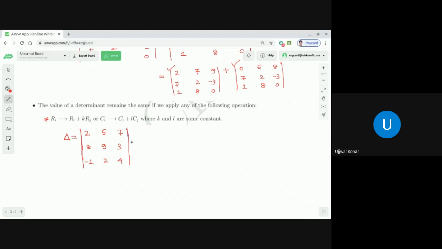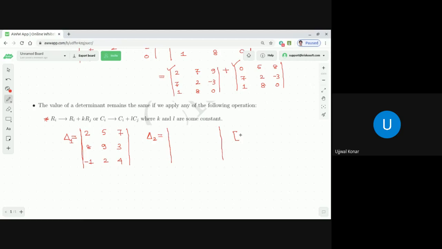Now, dear students, I am going to find another determinant delta dash. Or just not to confuse with delta dash, suppose this is delta 1. And I'm going to find another determinant delta 2, and just make your operation something like this.